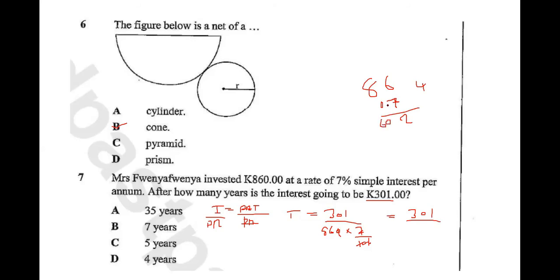Now remember, there's a point here, so you just add one decimal place. So the answer is just 60.2.